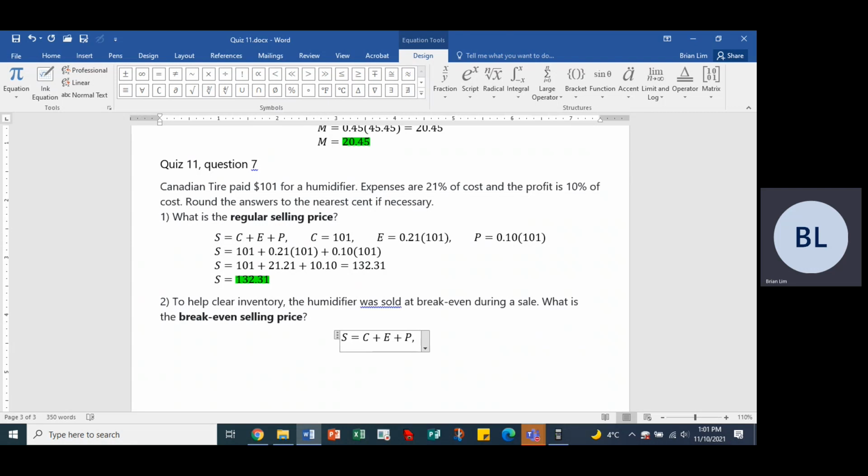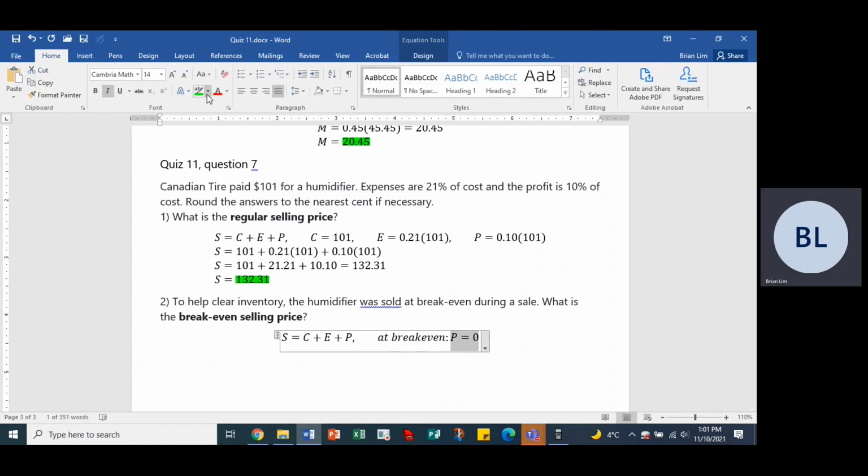All right, but this we know, at break even, the profit is equal to 0. Yes, that is the main point of the calculation to come up with the right result. So it is 0.